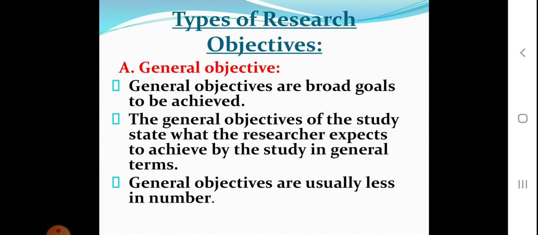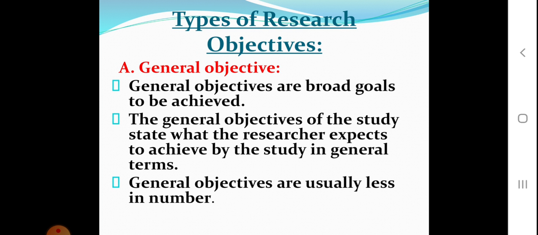And the next topic is types of research objectives. Types of research objectives are a very important concept, a very important sub concept under research objectives. Dear students, now we will discuss what are the types of research objectives.